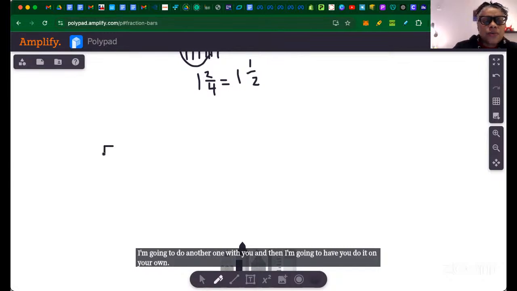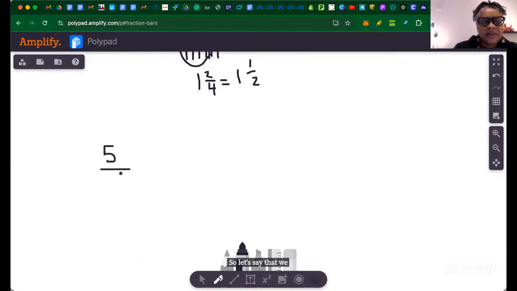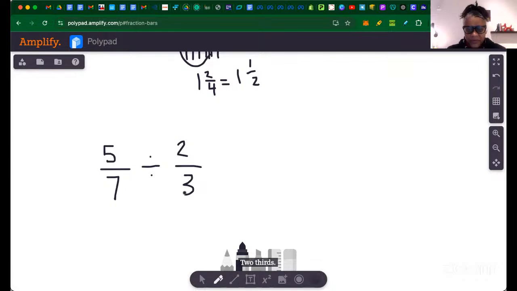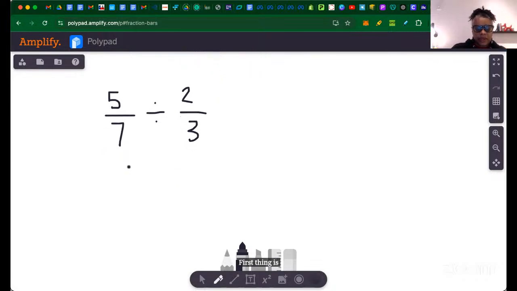So let's say that we're doing 5/7 divided by 2/3. Okay. First thing is, dividing a number is the same as multiplying by its reciprocal.